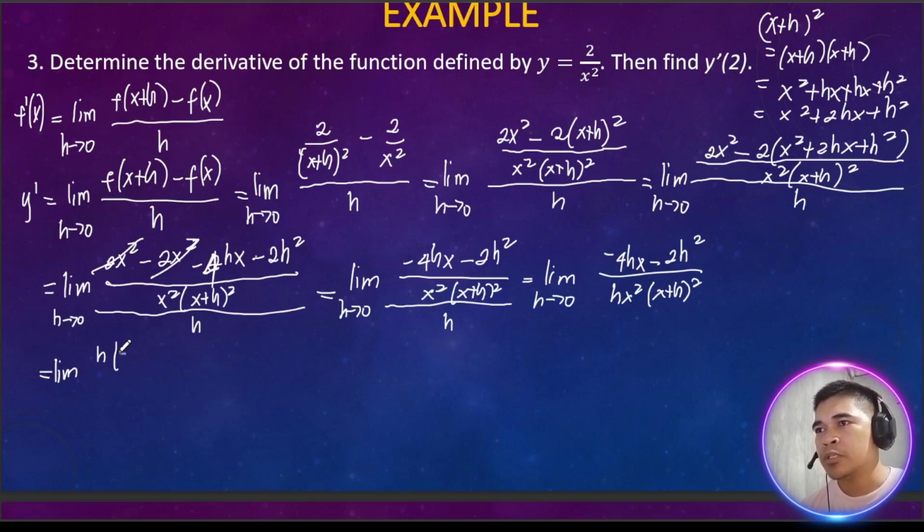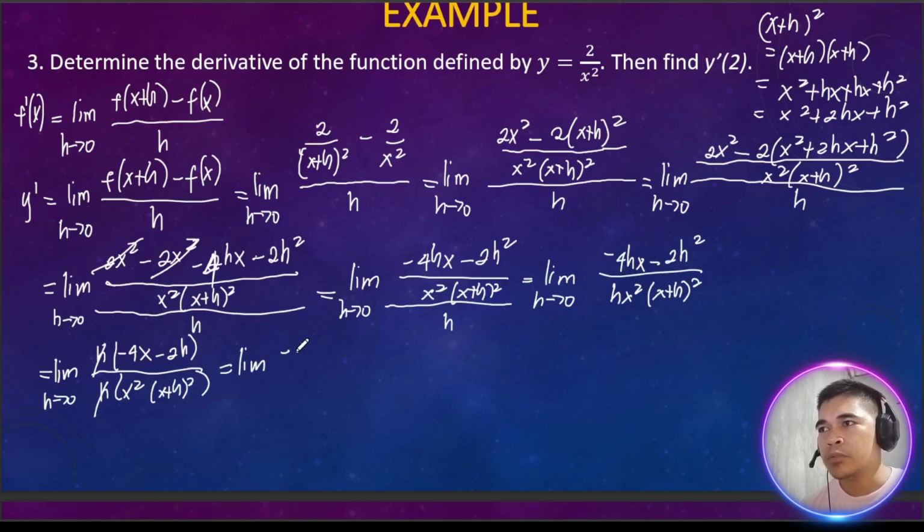So h, negative 4x minus 2h over h x squared times the square of x plus h as h approaches 0. Cancel. So, limit is equal to negative 4x minus 2h all over x squared times the square of x plus h as h approaches 0.